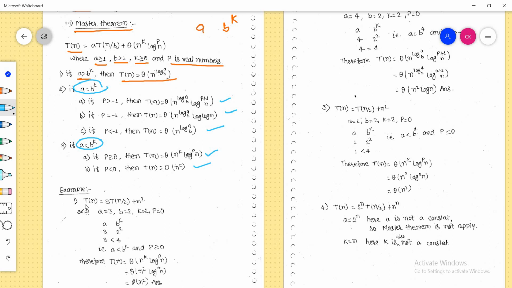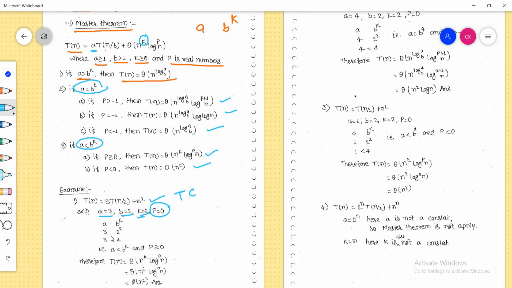Let us suppose T(n) = 3T(n/2) + n², and you have to find the time complexity. So what is the value of a? The value of a is the coefficient term, so in this case a is 3, and b is 2, and n² means the value of k is 2, and there is no log term, so p will be 0.